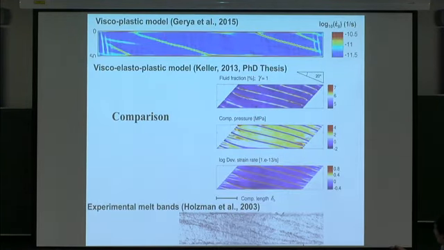Then, by comparison to other models, this viscoplastic model that I'm showing here shows quite similar inclination of the shear bands compared to the viscoelastoplastic model that Tobias Keller published in his PhD thesis. And it's also the same inclination of shear bands as Holtzman and co-authors published in their paper.